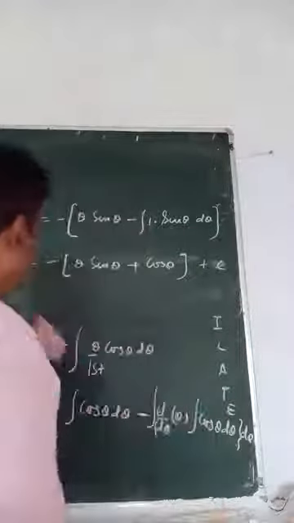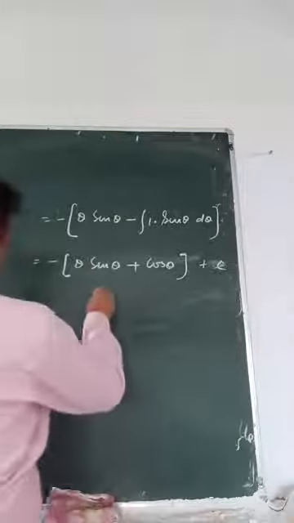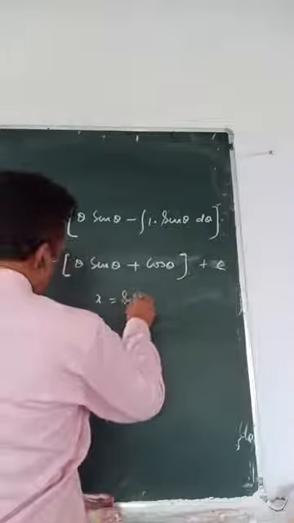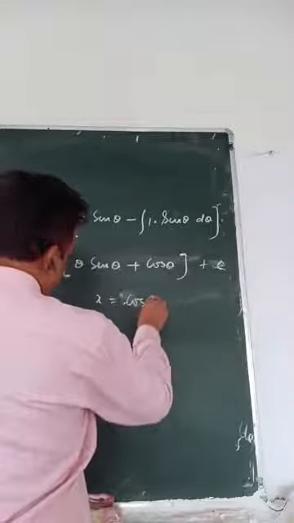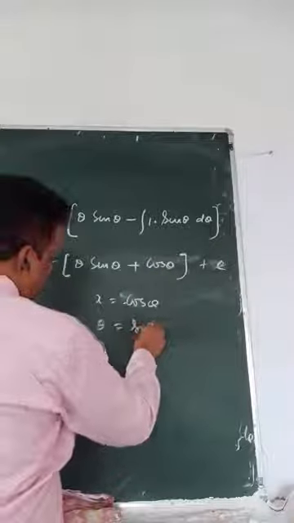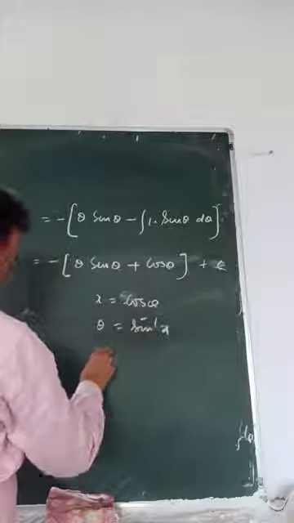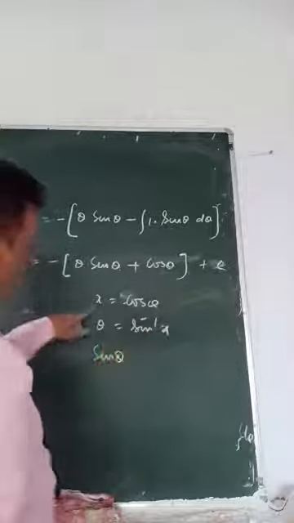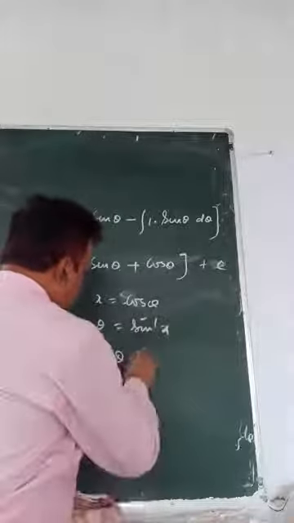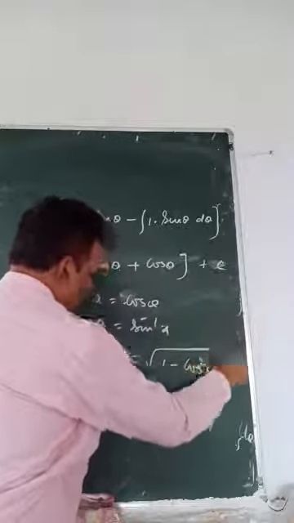Replace the values. What is theta? First, x is equal to cos theta. This is your taken, this is x. So theta is cos inverse x. What about sin theta? Sin theta we have to write in x form. So that is same as root over of 1 minus cos square theta.